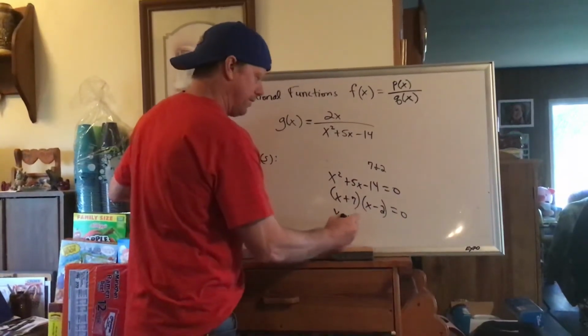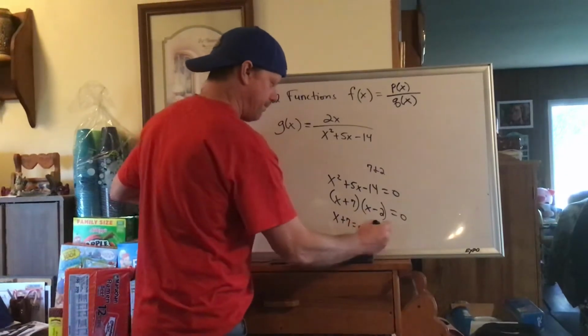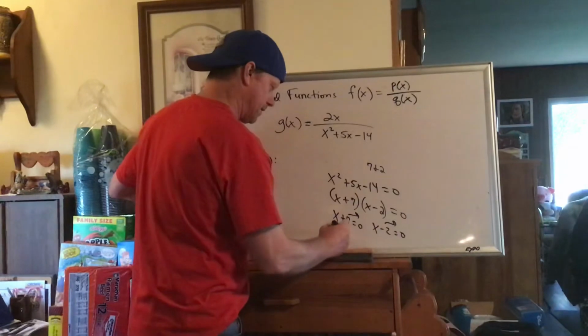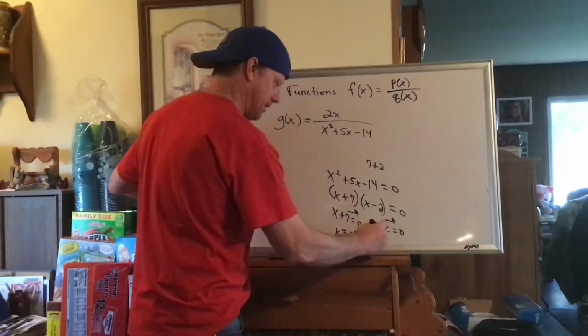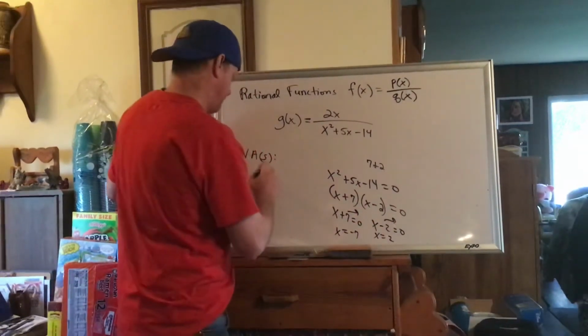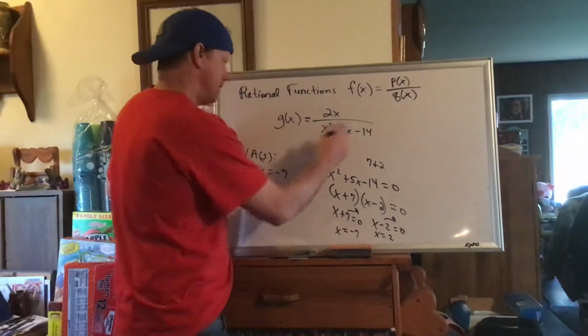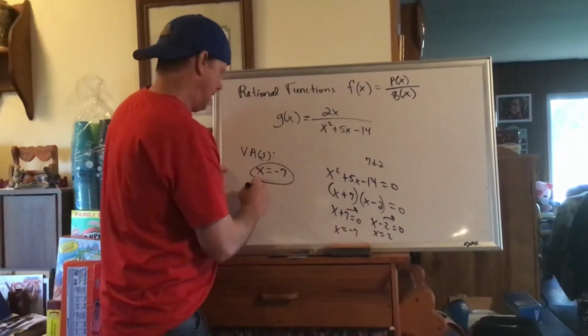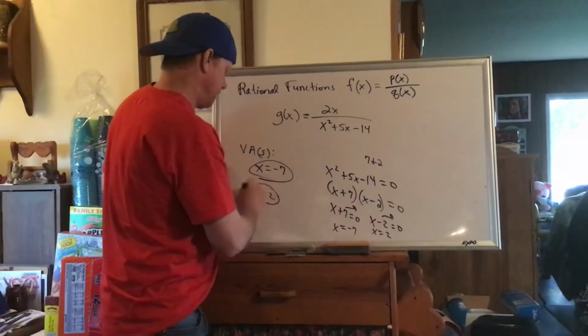Set each factor equal to 0. Solve for your variable. X equals -7 and x equals +2. There's going to be 2 vertical asymptotes on this guy at x equals -7 and at x equals 2.